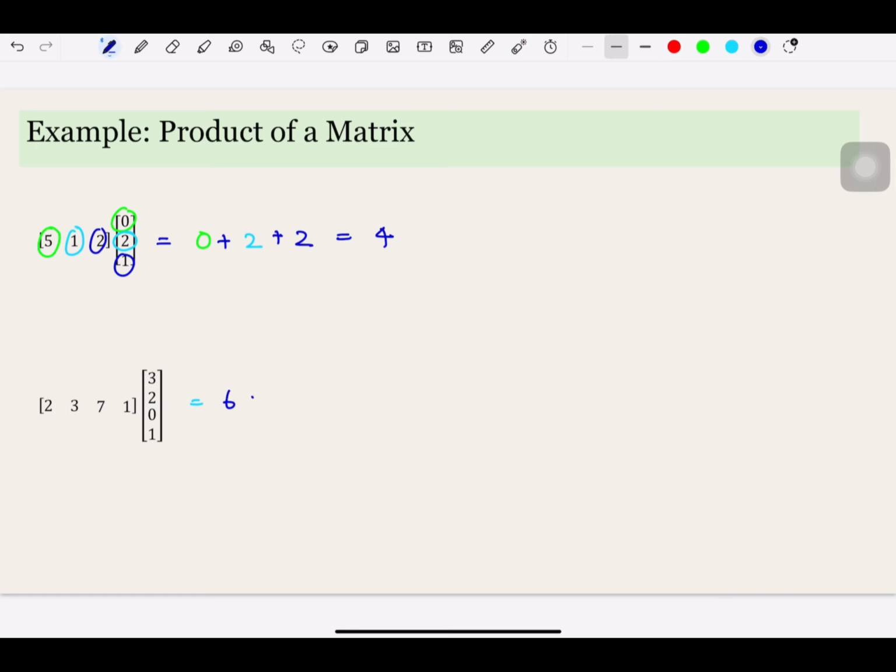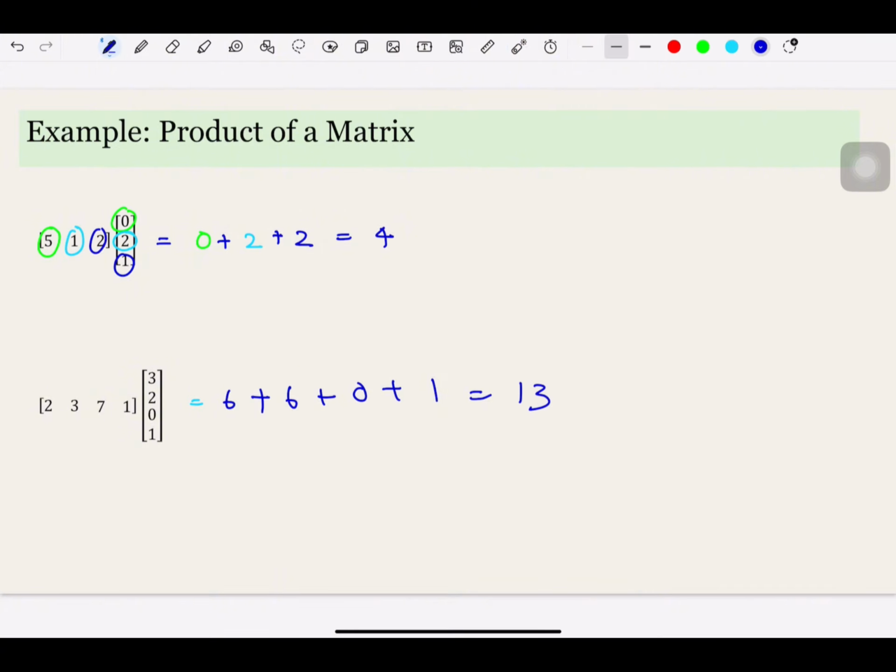And then 3 by 2, another 6. 7 by 0, a 0. And then you multiply 1 by 1, which is a 1. So you add these four numbers together. 6 plus 6 is 12, 12 plus 0 is 12, 12 plus 1 is 13.